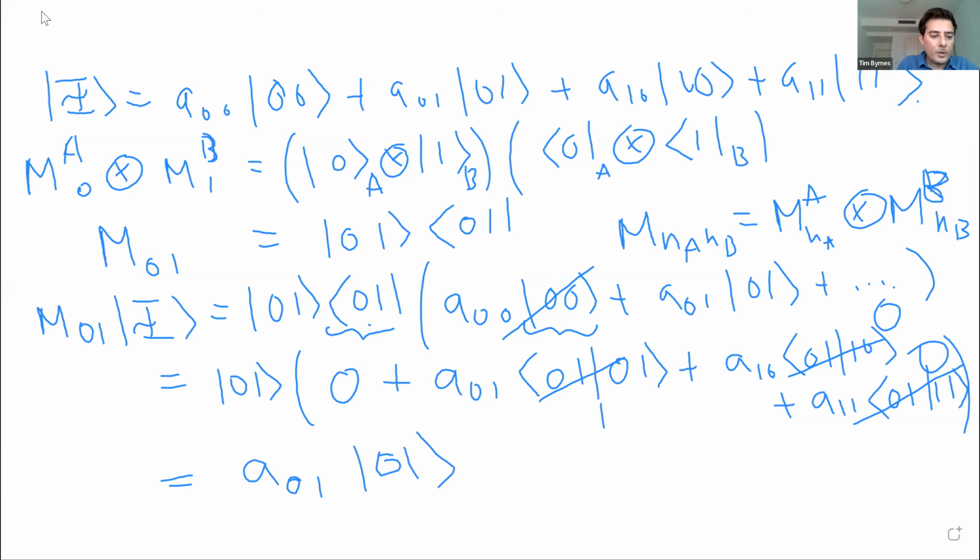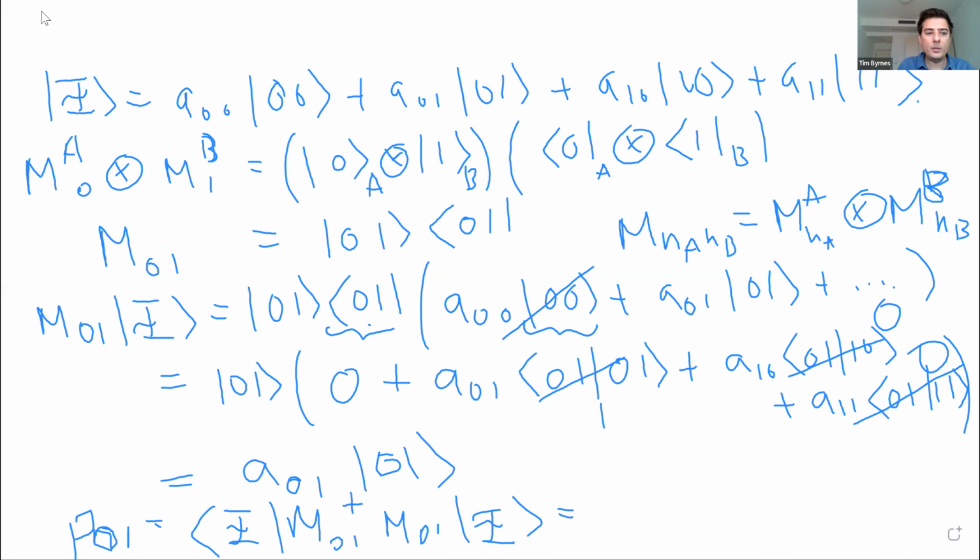And then if you want to work out the probabilities, the probability of that outcome is just the same as what we've been doing before, which is psi M01 dagger 01 psi.